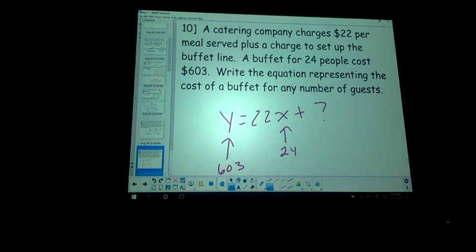Write an equation representing the cost of the buffet. Well, in this case, we'd have to solve for the question mark, so I guess this is our b value, right?